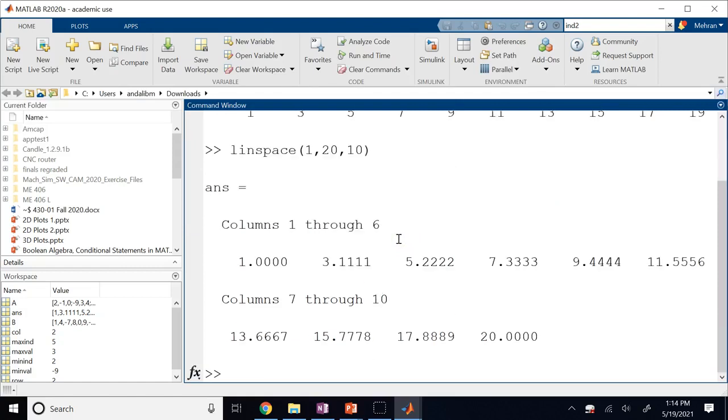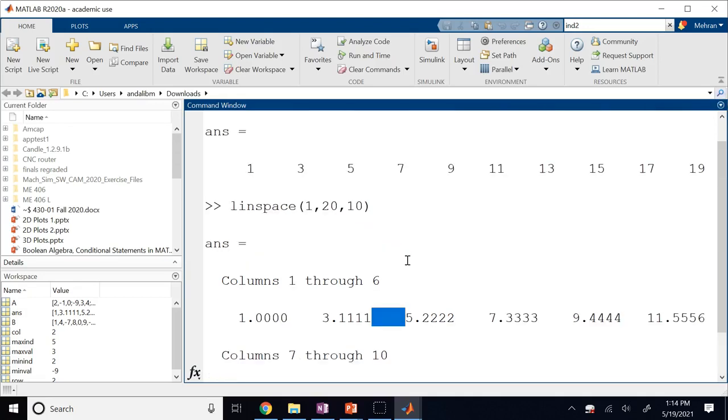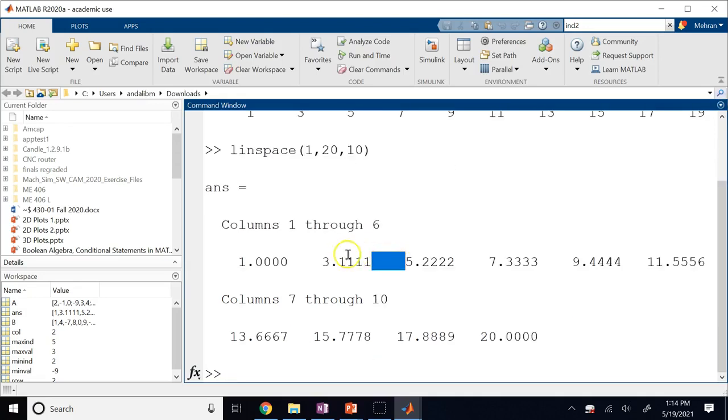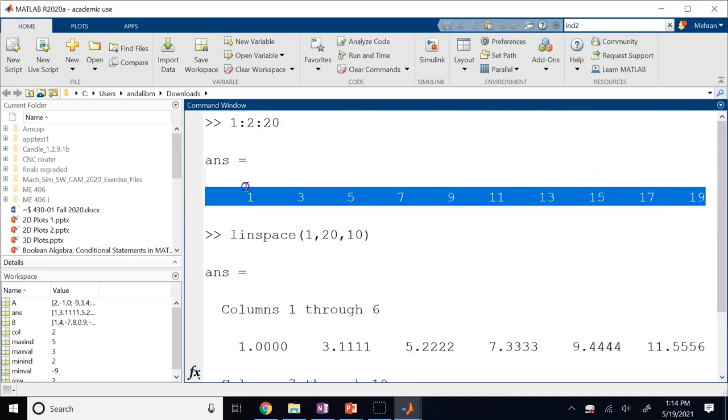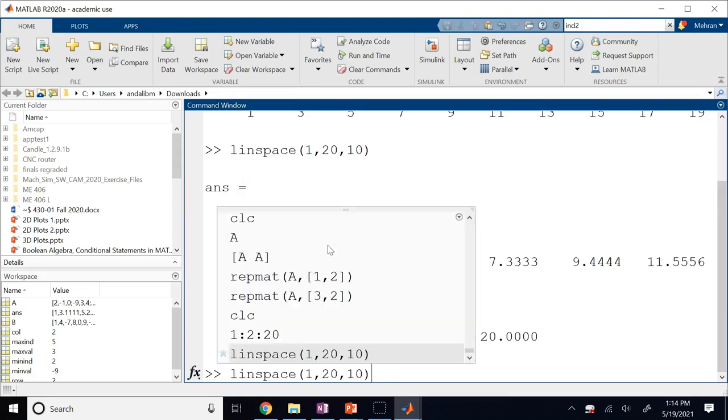Okay, now look here. What's the difference? You see, I still have 10 data. The distance between each one with the next one is the same, but I created them between 1 and 20, not in this case between 1 and what? 19. If I wanted to get that same vector, I had to say what?